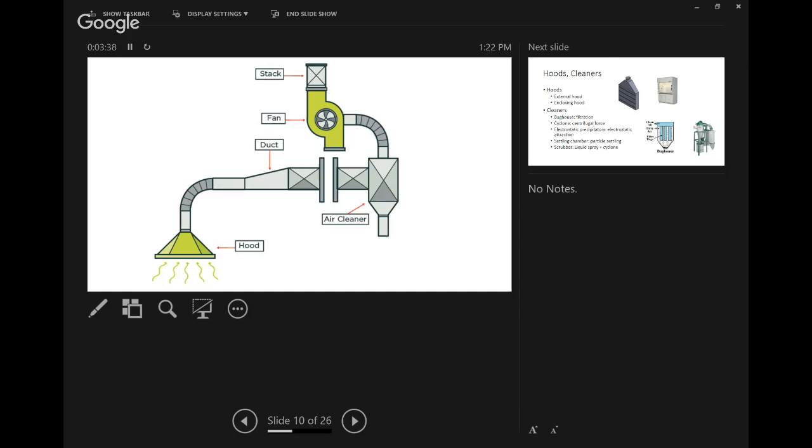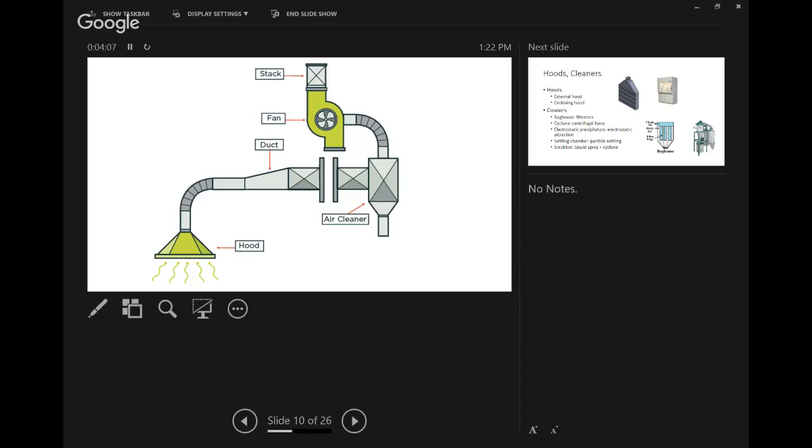Then the fan is the workhorse. It powers the whole thing. They're expensive and they use a lot of electricity depending on what type you have. We don't get into the details in this class, but the fan is like a pump. If air moves like fluids, the fan is kind of like the pump. There are different types of fans.